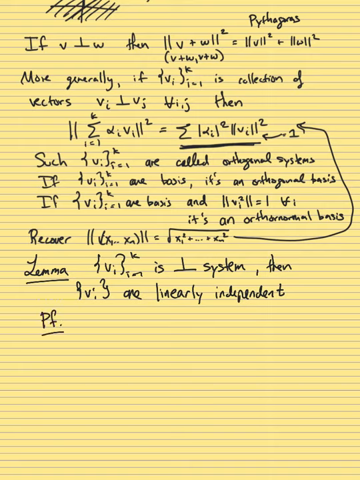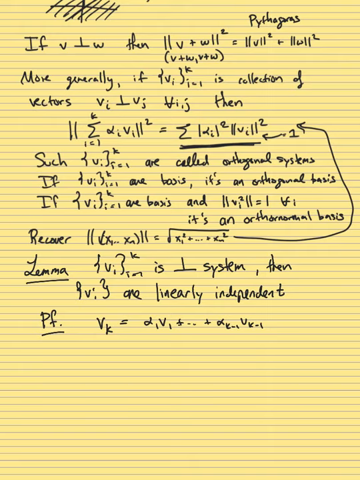So suppose you can write v_k as a non-trivial linear combination of the other ones, alpha_1 v_1 up through alpha_{k-1} v_{k-1}. Of course, you're doing this for a specific vector; it doesn't really matter which one. So suppose you can write this linear combination.